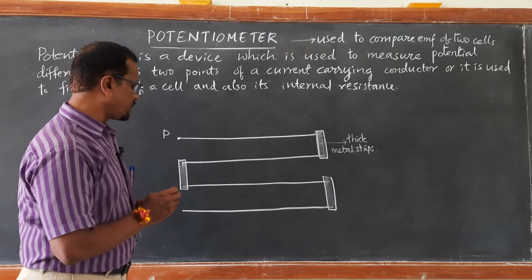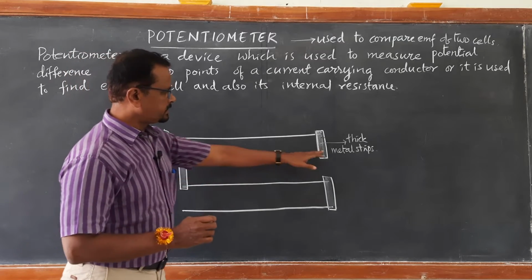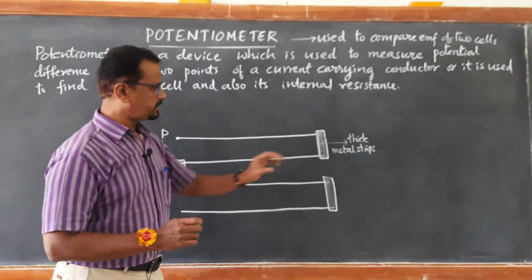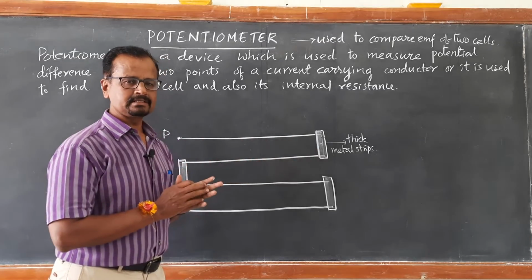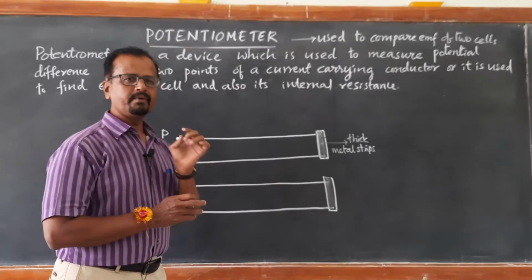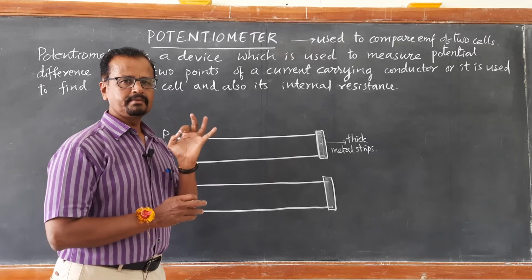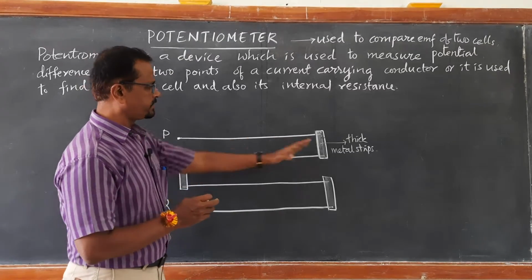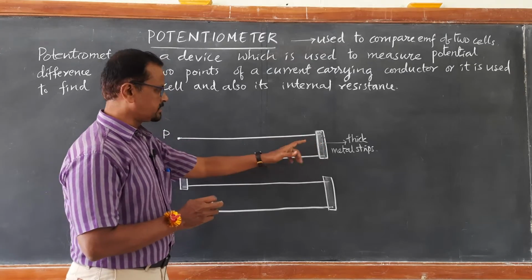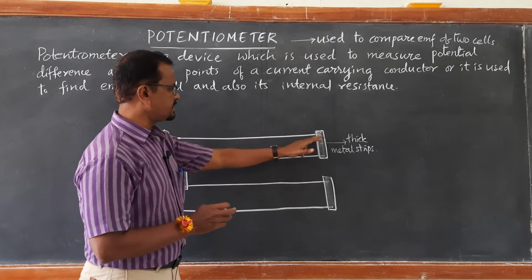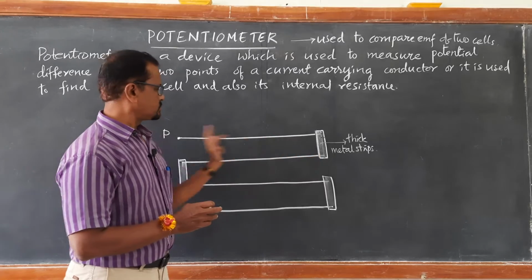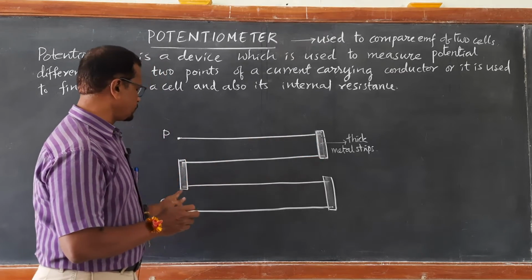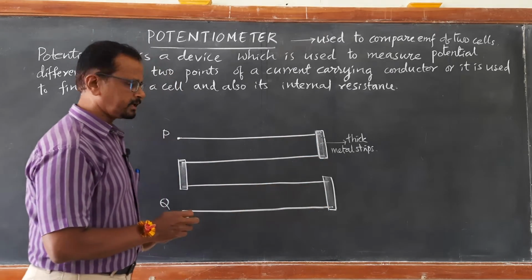Now, these metal strips, being thick, will provide negligible resistance. Thick metal strips will have very little resistance, almost zero resistance, so you can say minimum resistance. Therefore, they do not offer any resistance. So almost this end is taken as this: 0 to 100, 100 to 200, 200 to 300, 300 to 400.